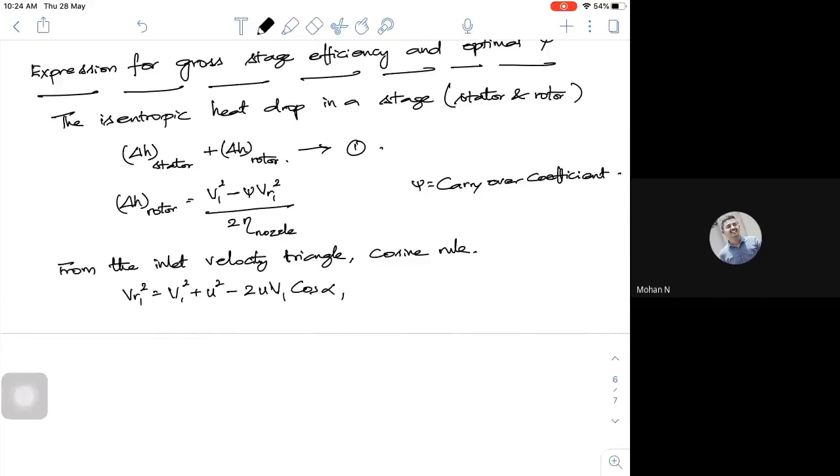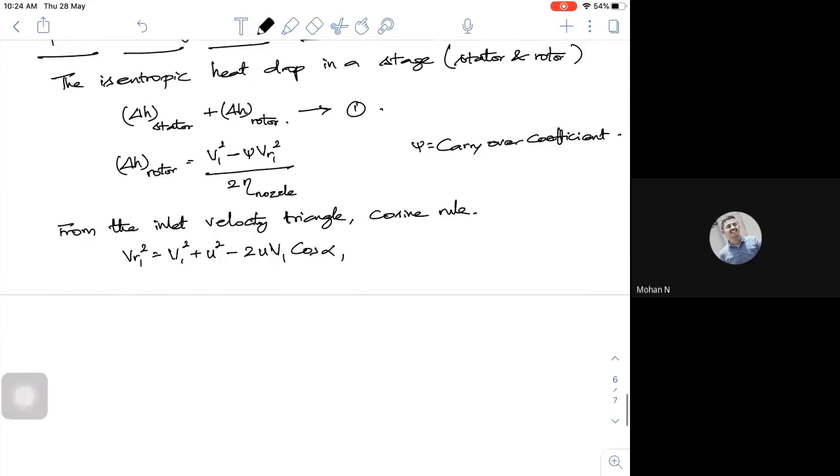Already we have defined phi is equal to U by V1, so I can substitute for U in terms of V1, or U is equal to phi into V1. Whatever we have written, we are rewriting.